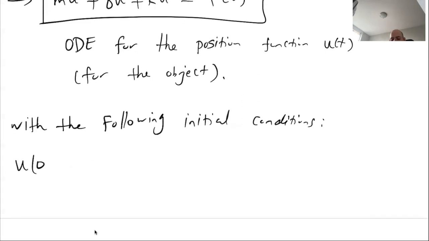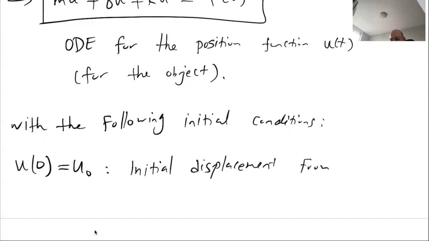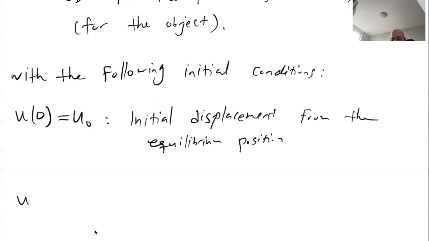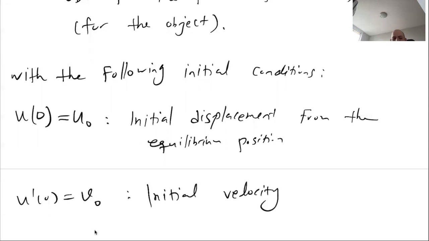So u of 0, the position at time equals 0, I can assume that it's u0. This is the initial displacement from the equilibrium position. And also u prime of 0, I can assume that this is, let's say, v0. This is called the initial velocity. The velocity at time equals 0, v0.